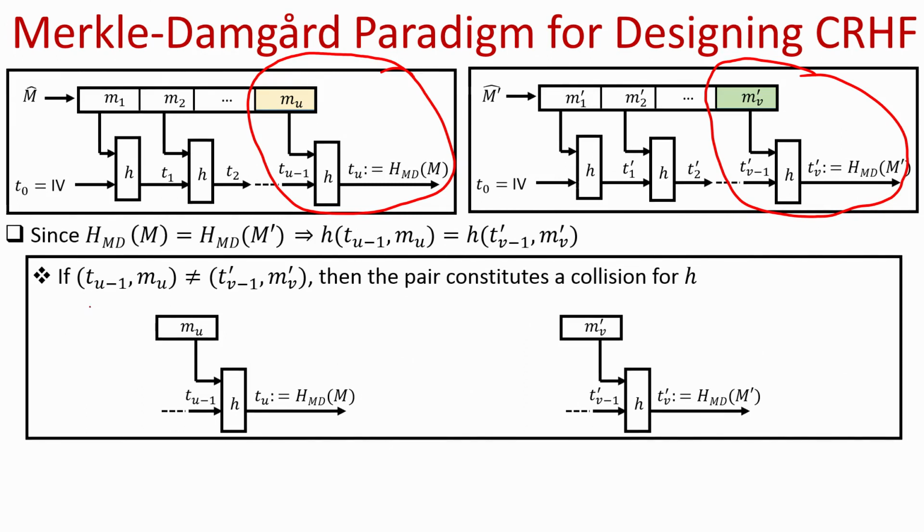So, there could be two possibilities. If this joint input t sub u minus 1 concatenated with m sub u is different from t dash sub v minus 1 concatenated with m dash sub v, then that itself creates a collision for your little h function, because even though the combined input here is different from the combined input here, their outputs with respect to the little h function are the same, because that is the overall output of the hash value big H for the messages m and m dash.